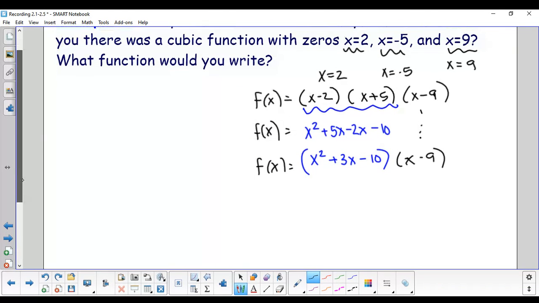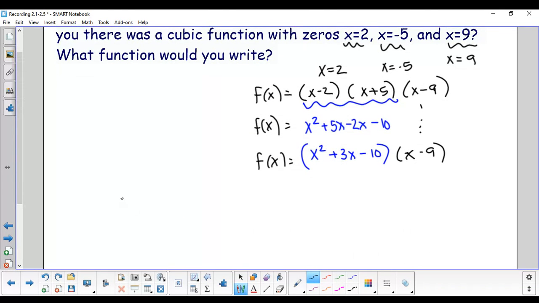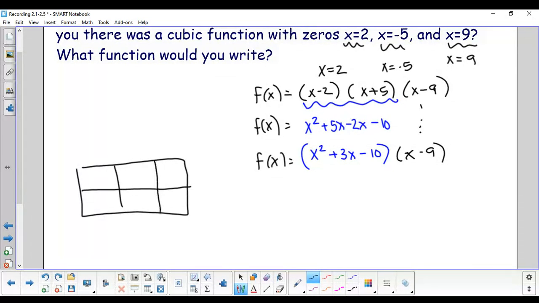Some of you for this one might benefit from multiplying it out in a box or a rectangle. In this case, I would use a 2 by 3. So we'd have x minus 9 and x squared plus 3x minus 10, filling it in and finishing the problem. See if I can do this quickly without making a mistake.